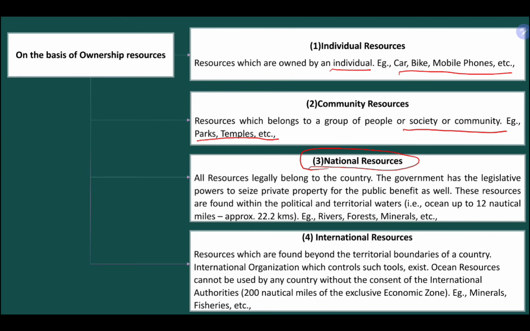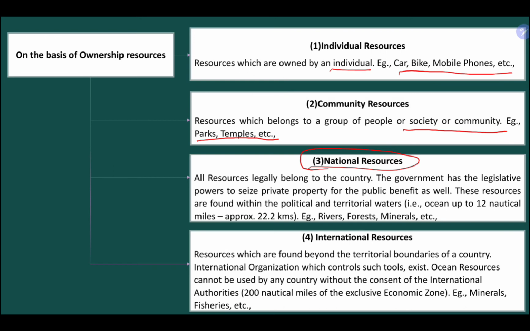You may have seen roads, canals, railways being established on fields owned by some citizens. For that the government may pay some compensation. So that may be called national resources.